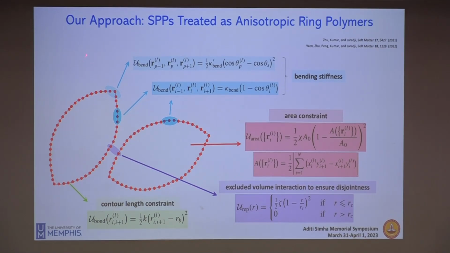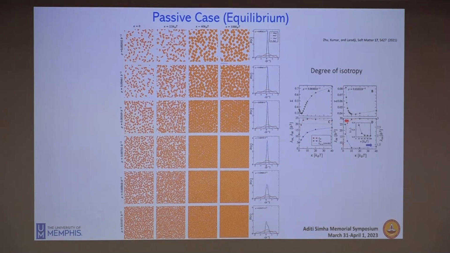We introduce a polarity of these particles by controlling the preferred bending angle at the two poles of the particles, and we also control the area of the particle by using an areal compressibility term in the Hamiltonian. We also make sure that these particles do not overlap each other, so there is a self-avoiding interaction that ensures disjointness of the particles.